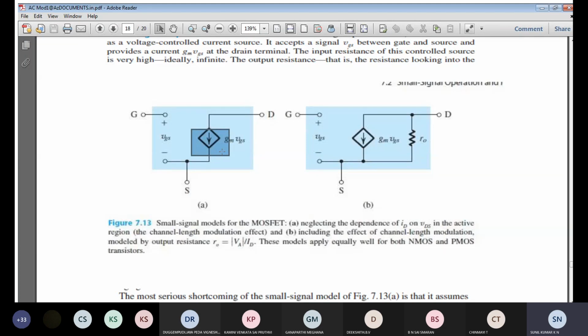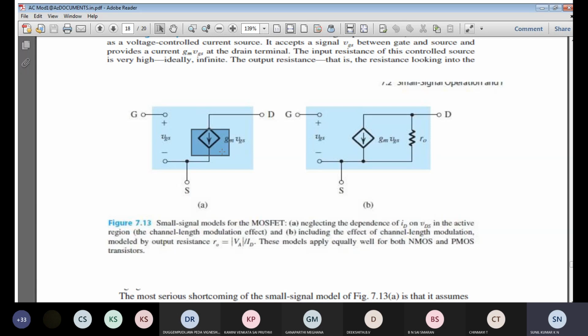So we cannot say that current is independent of VDS. In the VI characteristic you can find a slope: as you increase the drain to source voltage, there is a small increase in the drain to source current. Instead of being constant in saturation, you get a certain slope.